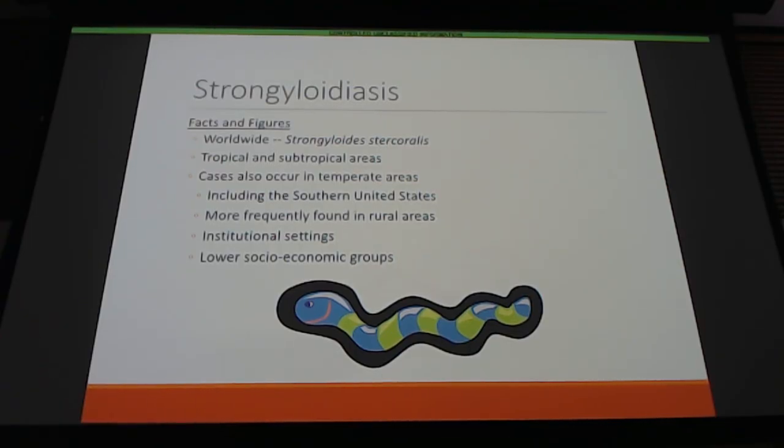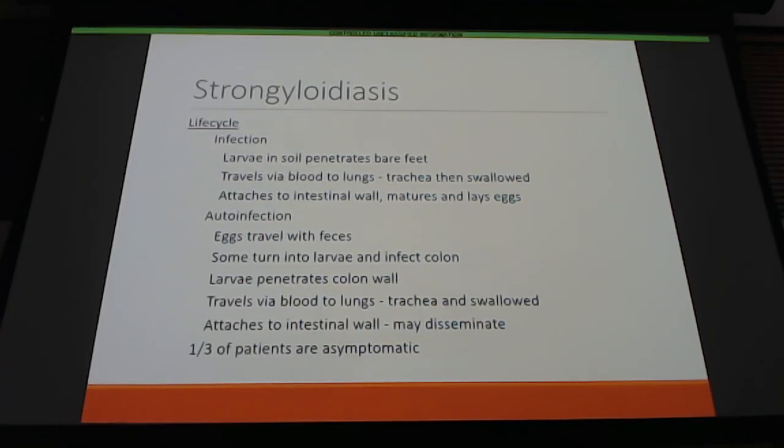All right. Here's your life cycle. The larvae in soil penetrate bare feet. It travels up to the lung, so it migrates through your body all the way from your feet up to your lungs. It makes you cough, and then you swallow it. Then it goes down to your intestinal tract, usually living in the mucosa and submucosa of your duodenum or jejunum, where it likes to hang out.